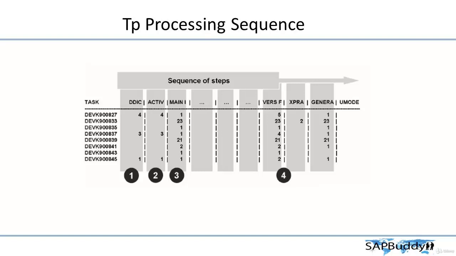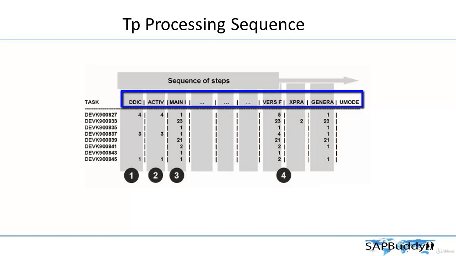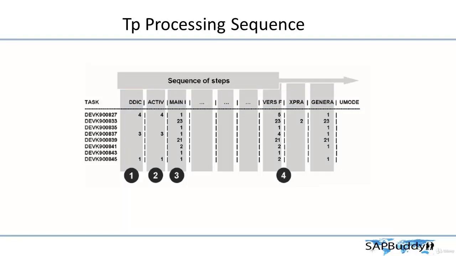Meaning, it will define the steps which need to be executed for all the TRs. If you see here, you can see these TRs need the DDIC process, DDIC process for these three TRs, and these three TRs also require the activation process. And then you have the main import, the one step which is required for all the TRs to be imported.